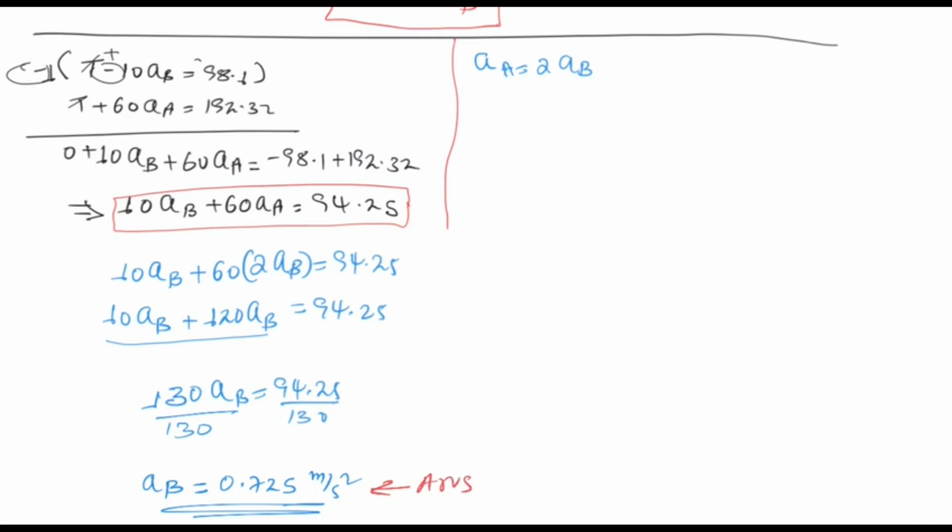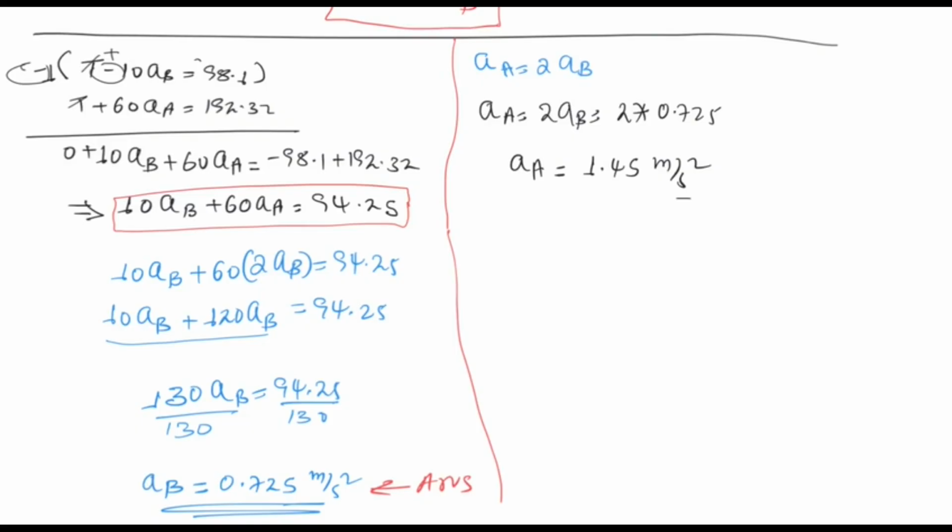Now let's go to the next unknown parameter, acceleration of A. We know that acceleration of A is equal to 2 times acceleration of B, which is 2 times 0.725, and then acceleration of A finally becomes 1.45 meter per second square. This is also our answer.